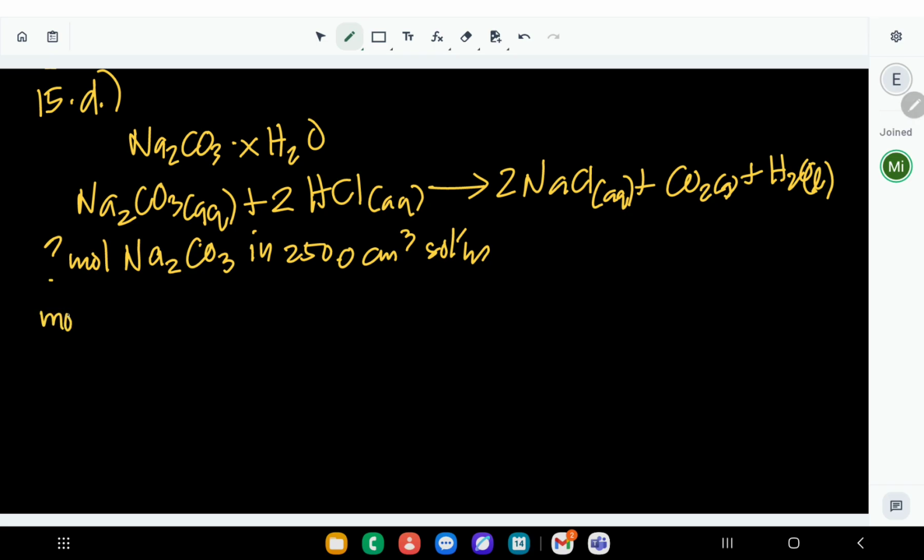We get the number of moles of HCl, hydrochloric acid, per 25.0. It says portion, aliquot.